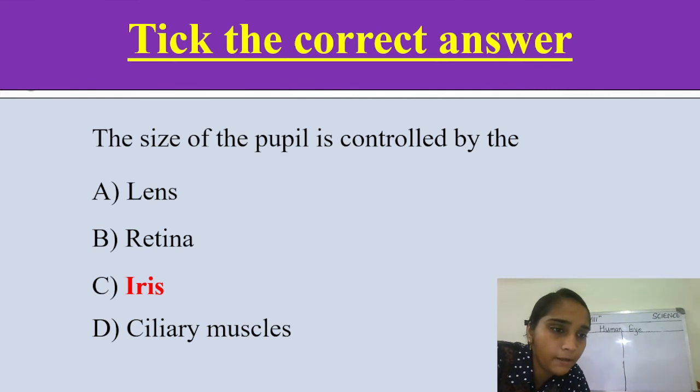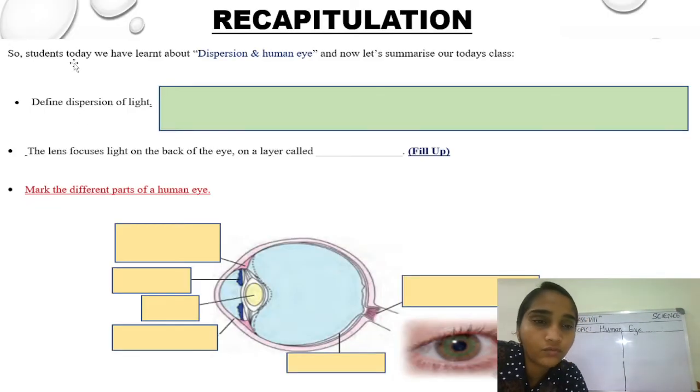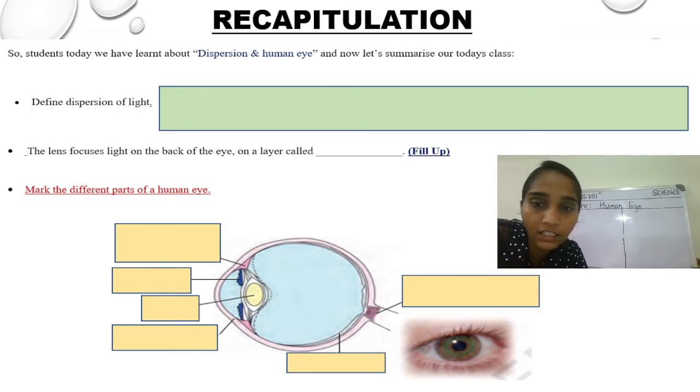Now let's move ahead. Today we have discussed the dispersion and the human eye, so let's summarize today's class. First of all, students, define the dispersion of light. You can write your answers in the comment section.